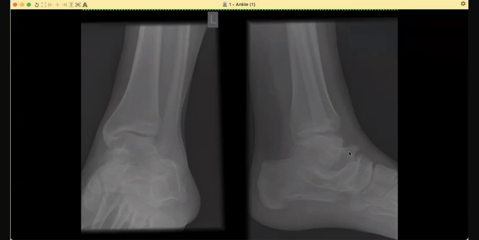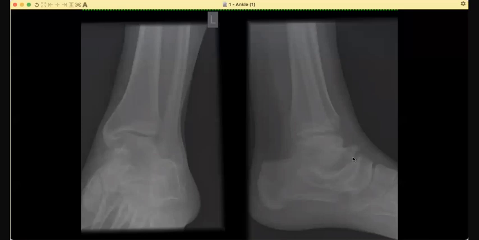Right. What do you think this is? This looks like a spur just of the anterior talus. Right. And please remember, there is no history of any trauma. Second thing is that this view is not optimal. It is slightly tilted.